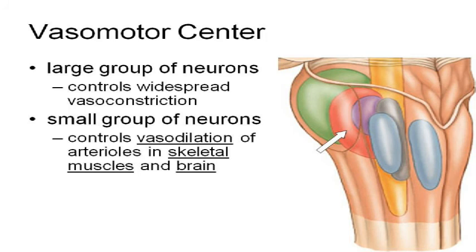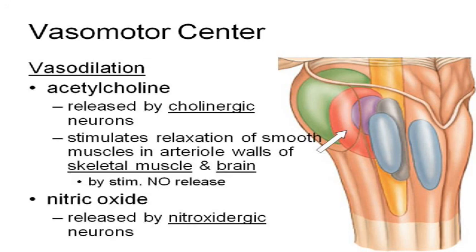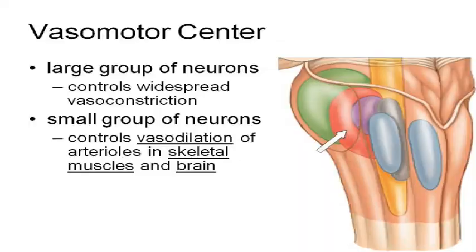And the difference is these neurons release norepinephrine. These neurons release either acetylcholine or nitric oxide. And so that's why you can have neurons coming from the same part of the brain going to different areas of the body having different effects, because they're releasing different neurotransmitters.